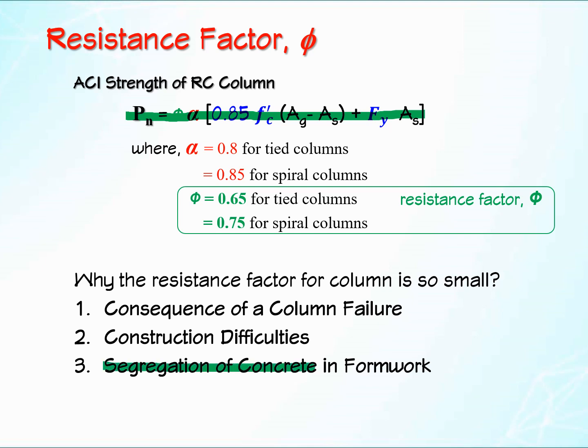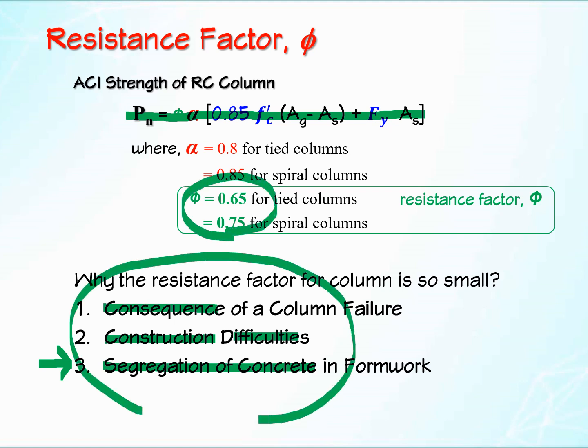Segregation is, coarse aggregate goes separately and cement paste goes separately, so that the concrete strength is a lot smaller than a cylinder test. So because of all these, consequence of failure and construction difficulties and segregation and bleeding of concrete in the formwork, all those will cause smaller Phi factors. And this will come up when you take FE exam. So this is pretty much important.